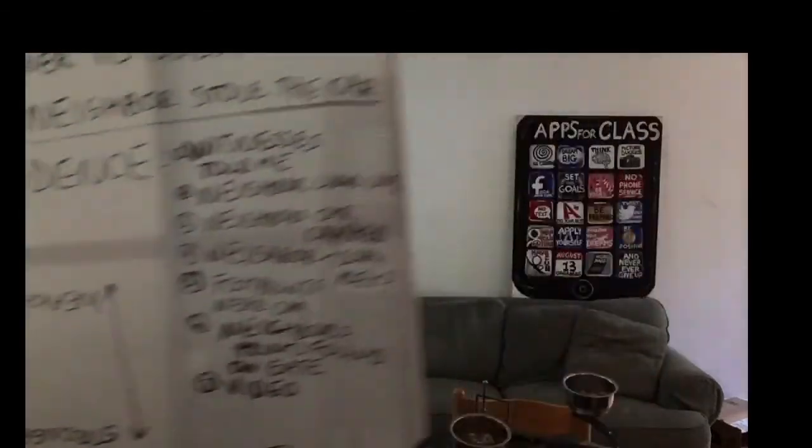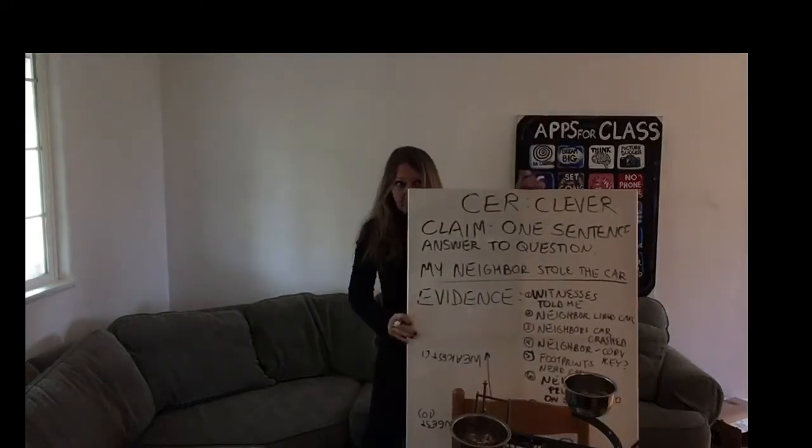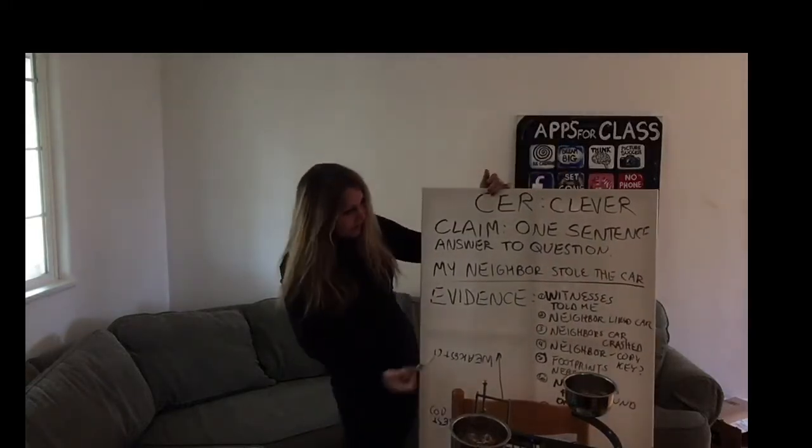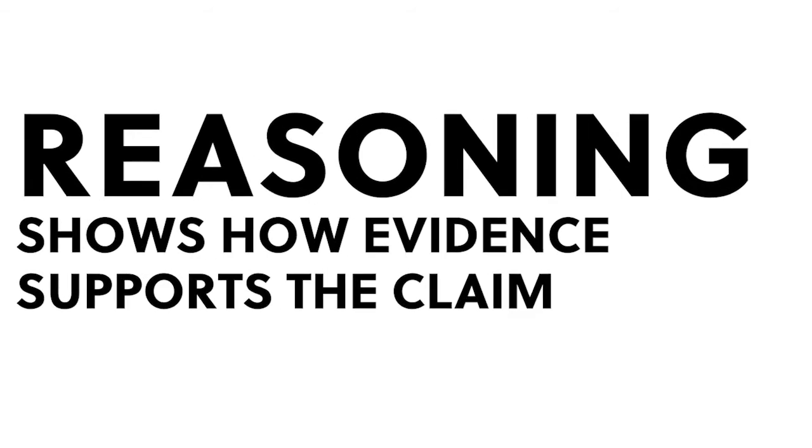Then we need to put them together. So the evidence and claim have to go together. So how does this evidence support the claim? Okay, so for example, if there's a video camera showing it happened, that supports the claim that the neighbor took it because it's on video camera. It was taped.